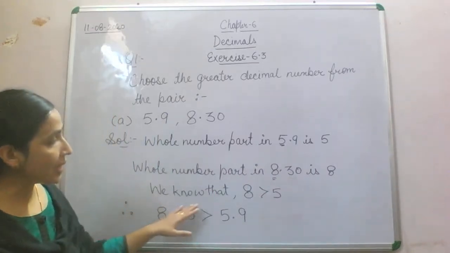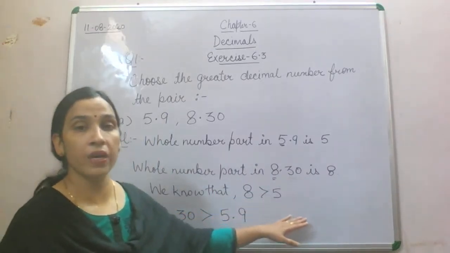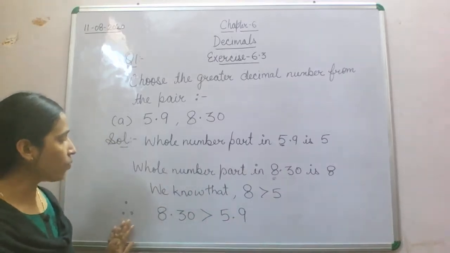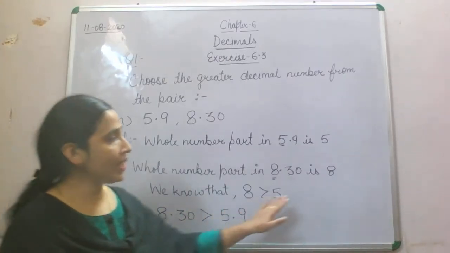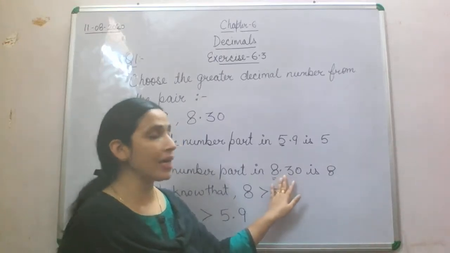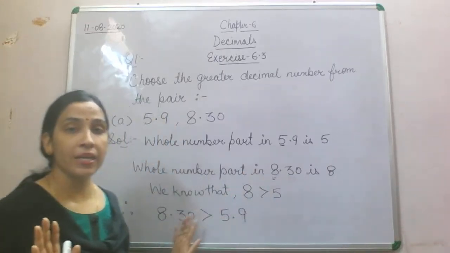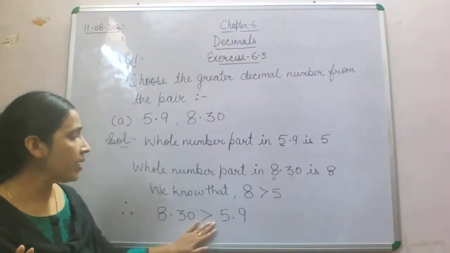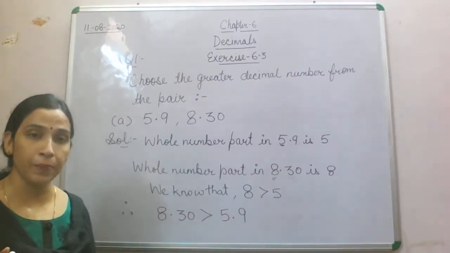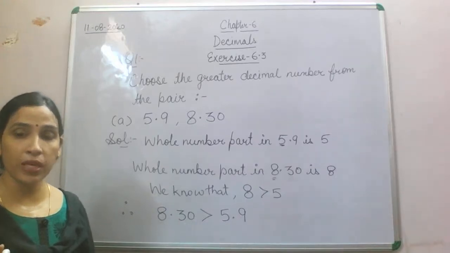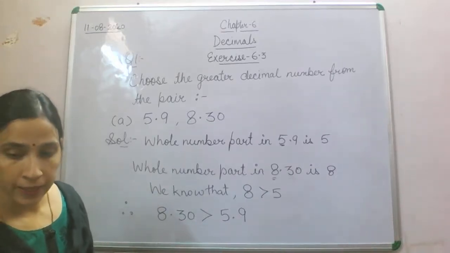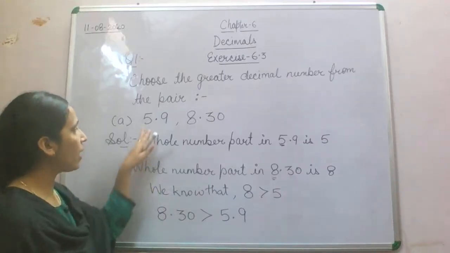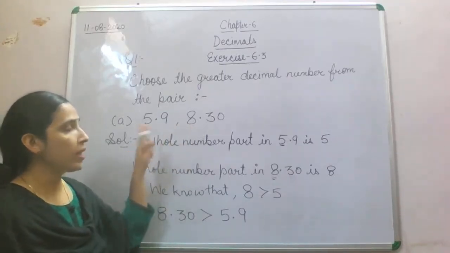Now we know that 8 is greater than 5. Therefore, the number which contains 8 as the whole number will be greater than the other number. 8.30 will be greater than 5.9. I hope there is no problem in this question, because this question is quite simple. You have to compare only the whole number part.